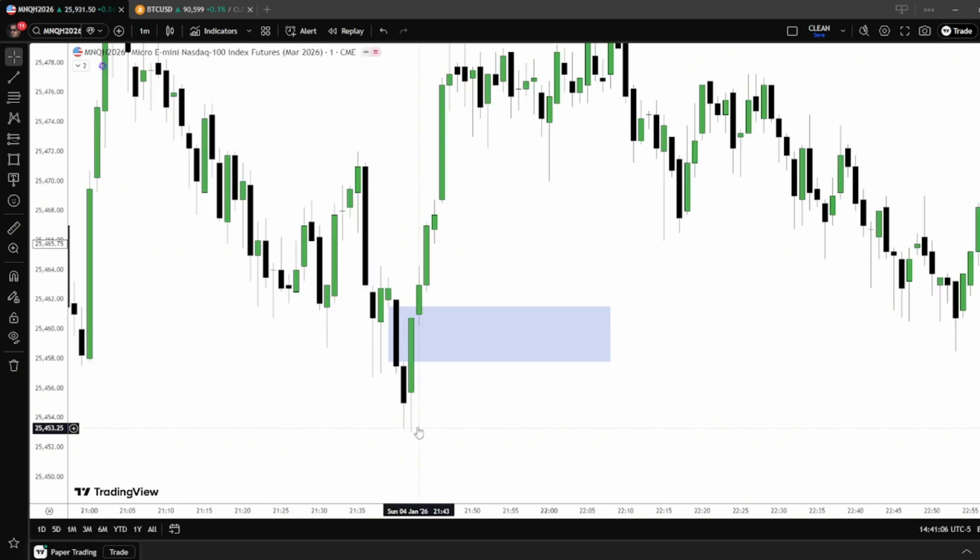In that example, this candle didn't inverse that FVG. That's why you are waiting for the third candle to inverse that FVG and also create a new one. So that full area is your breakaway gap.